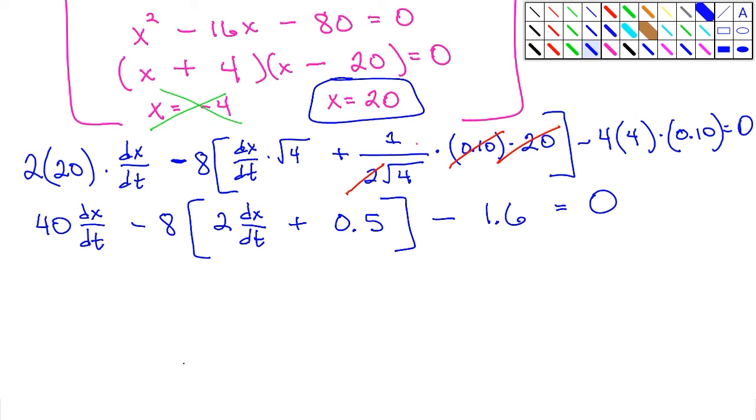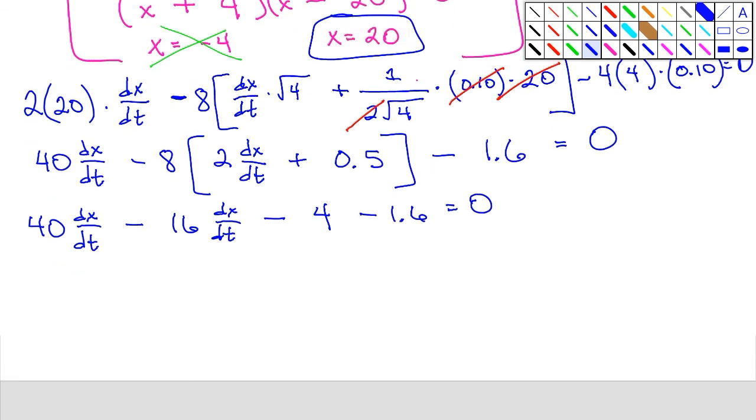Let's distribute the negative 8 now. So we get 40 dx/dt minus 16 dx/dt minus 4 minus 1.6 equals 0. Let's combine the 40 dx/dt and this negative 16 dx/dt. That's going to be 24 dx/dt's. Negative 4 minus 1.6 is negative 5.6.